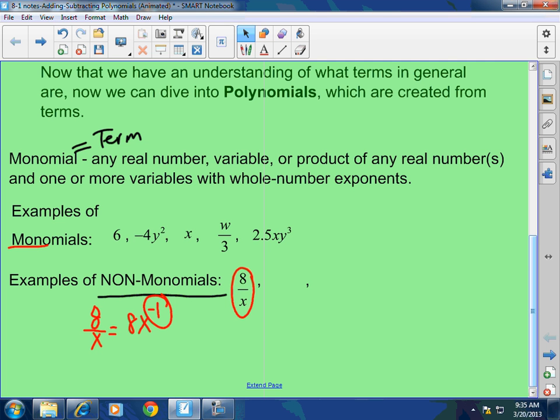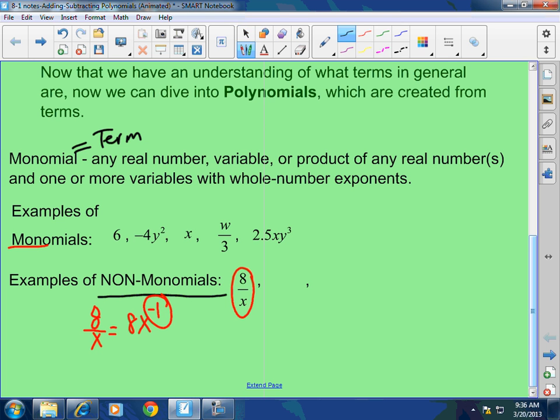So what does that tell you? Anytime you have a variable in the denominator, it's not a polynomial. You may want to write that down. Anytime you have a variable in the denominator with a positive exponent, it is not a polynomial.